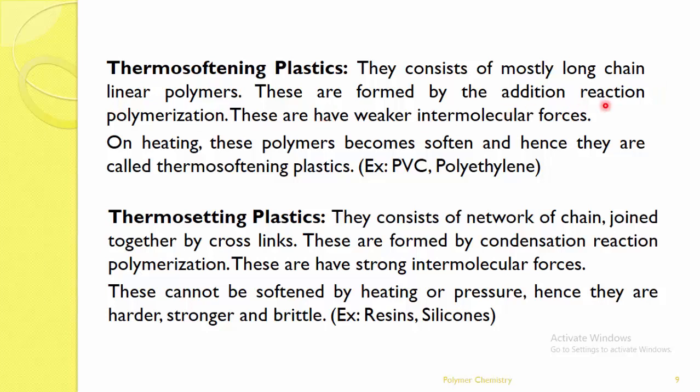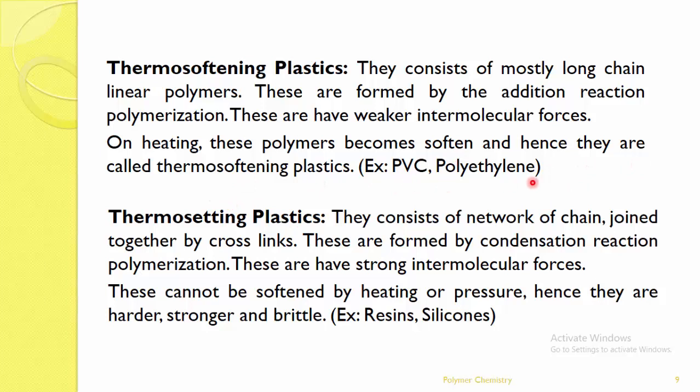They are formed by addition polymerization. They have weaker intermolecular forces. If you compare the two, thermosoftening has the weaker intermolecular forces. One more very important thing: on heating, these polymers become softened, and hence they are called thermosoftening.